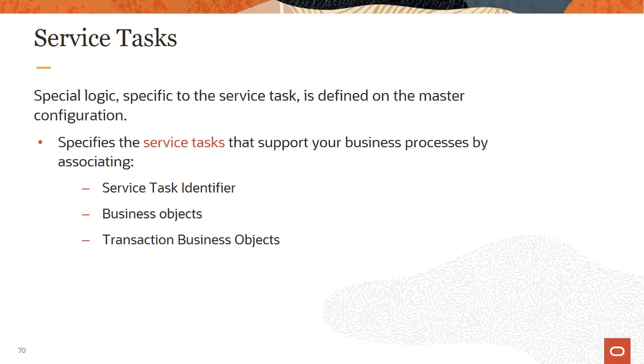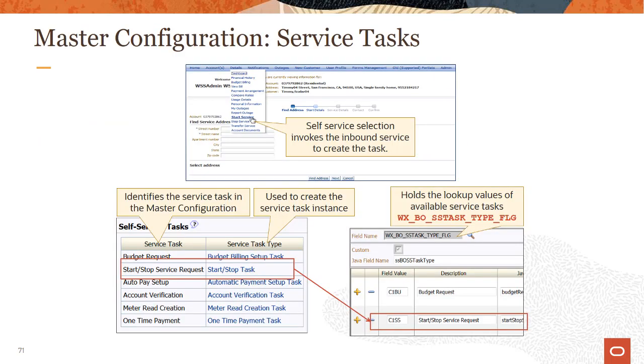This logic specifies the service tasks that support your business processes by associating service task identifiers, business objects, and transaction business objects. Let's look at the configuration for service tasks. To process a start-stop transaction, the self-service selection invokes the inbound service to create the task.